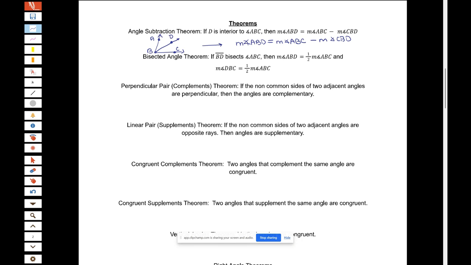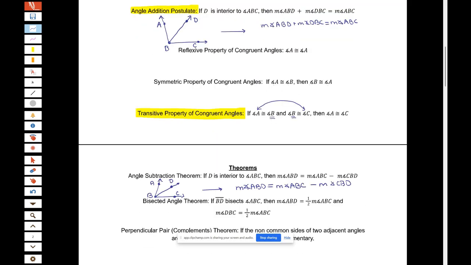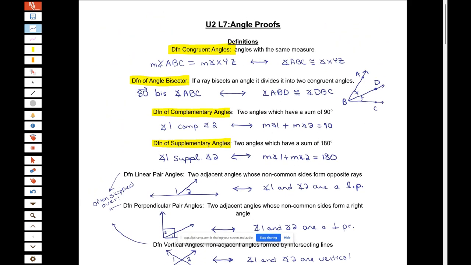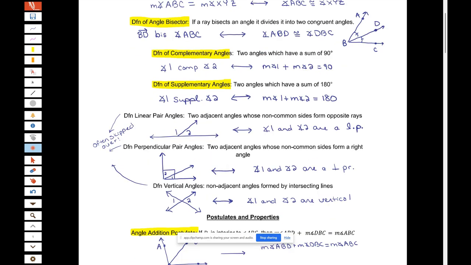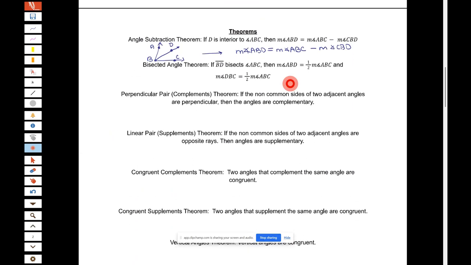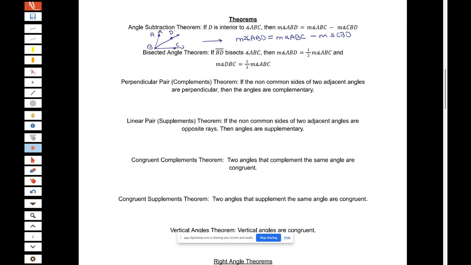Bisected angle theorem is another one that is true and everything, but we don't use it a whole lot. This one really compares and contrasts with the definition of bisected angle or an angle bisector. The angle bisector definition allows you to conclude that the two angles are congruent. The bisected angle theorem allows you to conclude that each part is half of the whole.